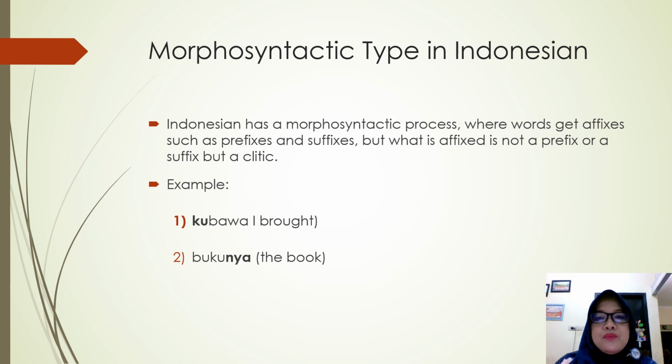Example 1 shows proclitic, which is a process in which the affix ku is in front of the word, I carry it. That's the meaning. While example 2 is enclitic, namely the process of affixing behind the word, namely in the words of his or her book.